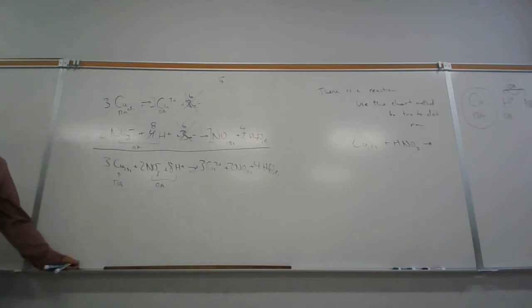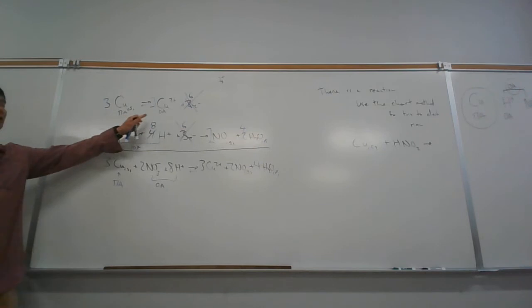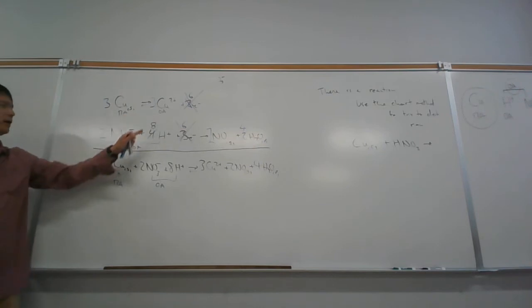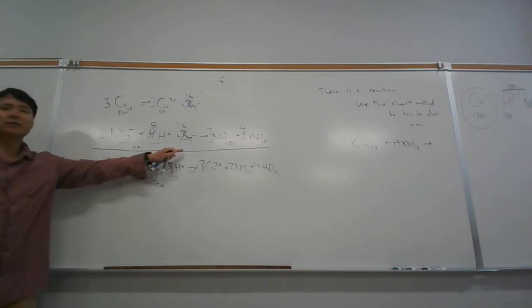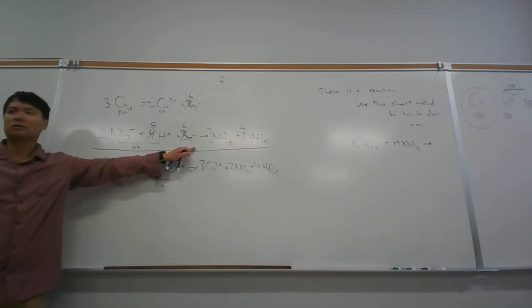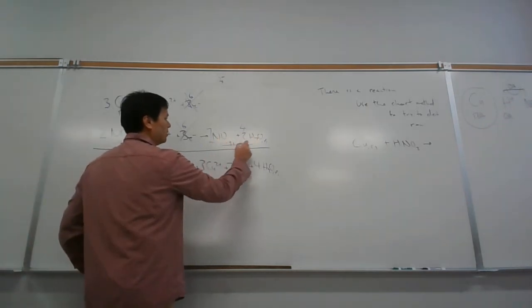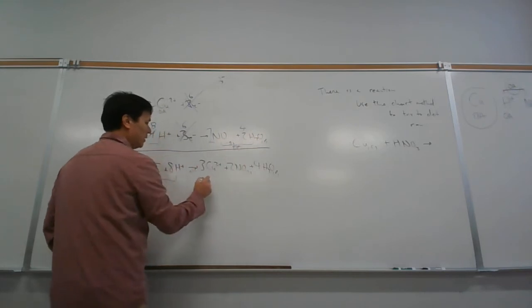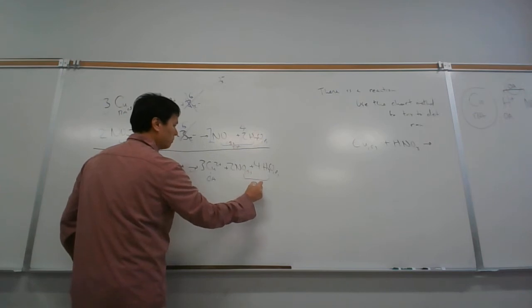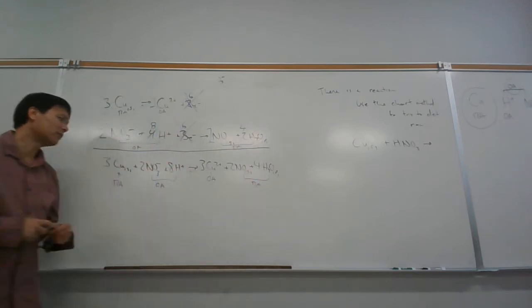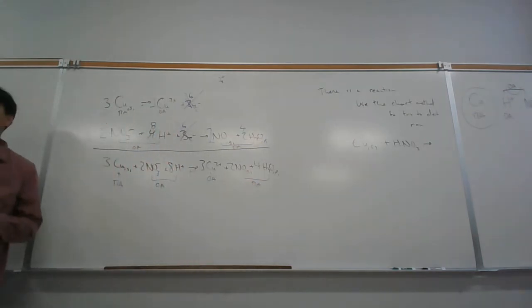Or we could use the conjugate relationship: if one side's the reducer, the other side's the oxidizer, and if one side's the oxidizer, the other side must be the reducer. So over here, the conjugate relationship tells me NO and H2O is my reducer. And so this is the oxidizer, and this will be the reducer. And then I look, am I going uphill or downhill?